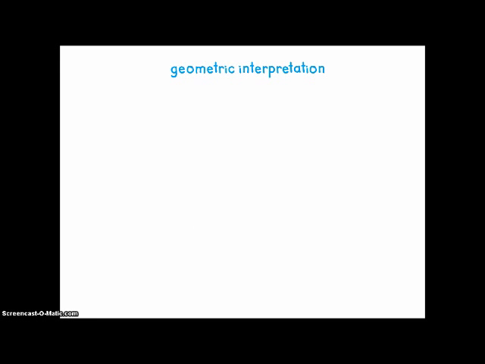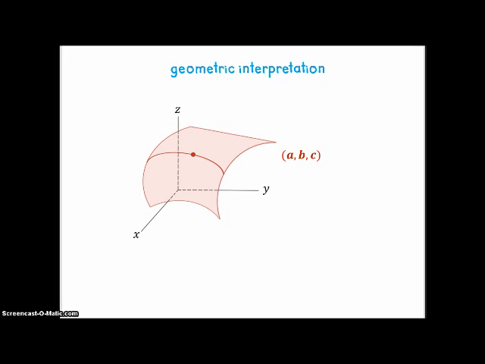Now here's the geometric interpretation of these various derivatives. Let's say we have a surface in 3 space, and a given point on that surface, we'll call it ABC. If we look at the trace on this surface that is on a plane parallel to the YZ plane, that's called the Y curve through ABC, and it has a tangent line.